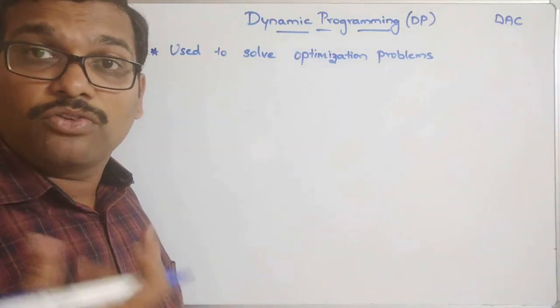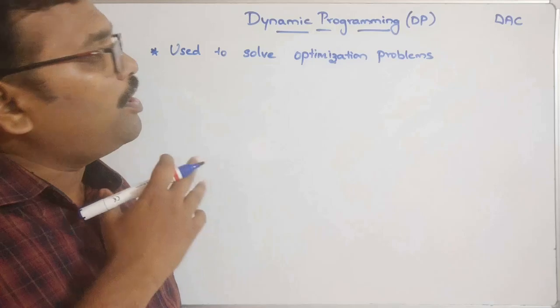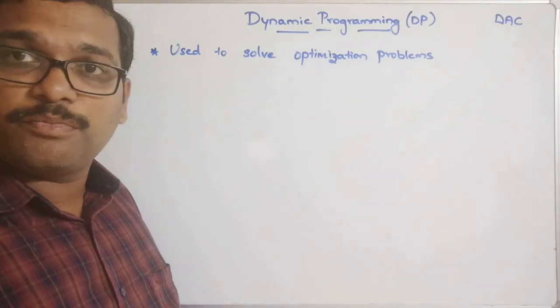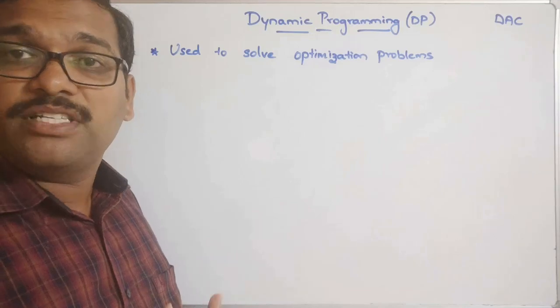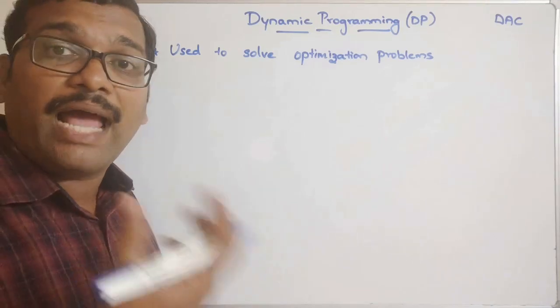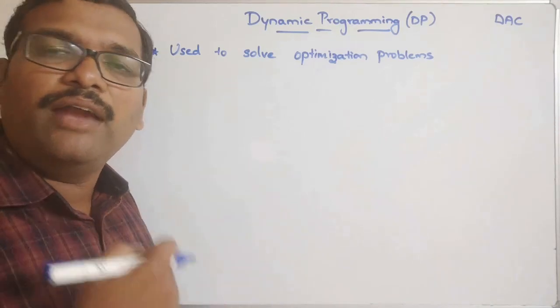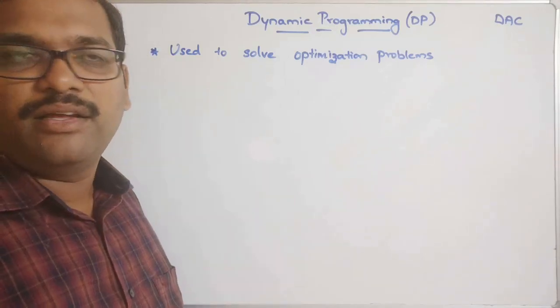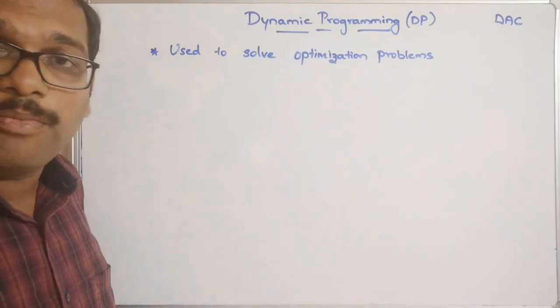The greedy method is also used to solve optimization problems, and here also it is used to solve optimization problems. We know that optimization problems are the problems which have multiple solutions, and we select the optimal solution based upon the constraints, right? So that is an optimization problem.